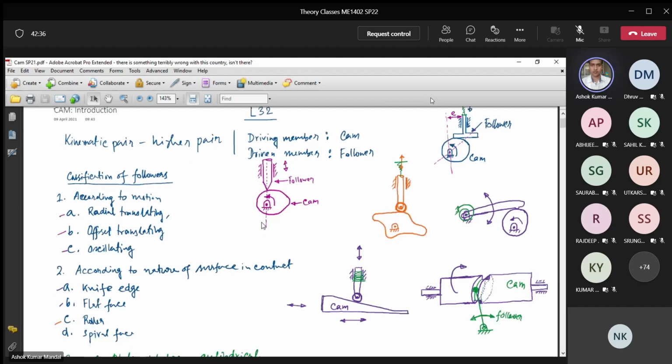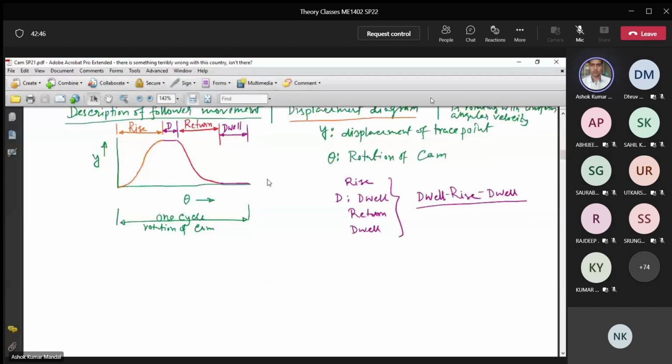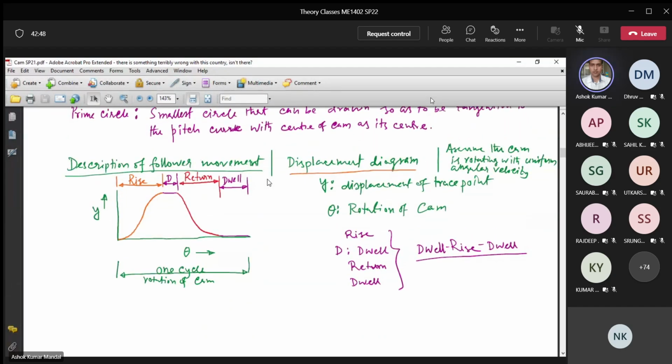For that, we first need to analyze the motion of the follower for all those cases. So what we will now do is analyze the motion of the follower. This is called description of follower movement, which is also called the displacement diagram. Displacement diagram means displacement of the trace point.